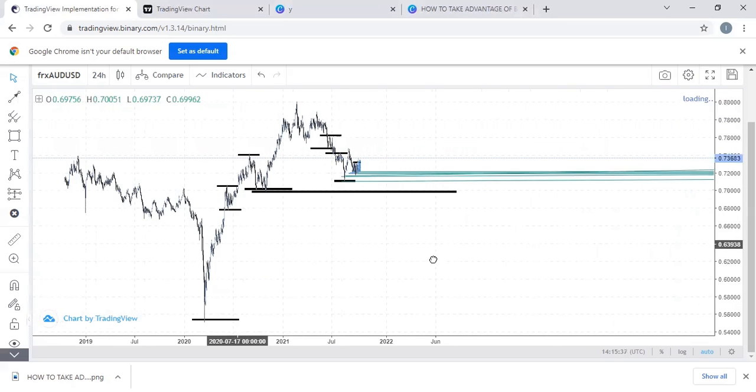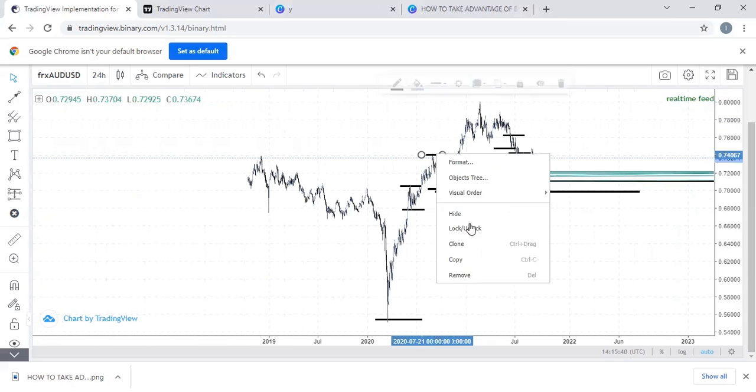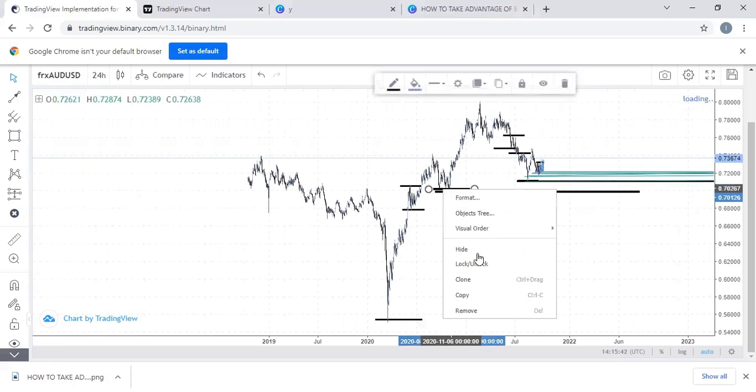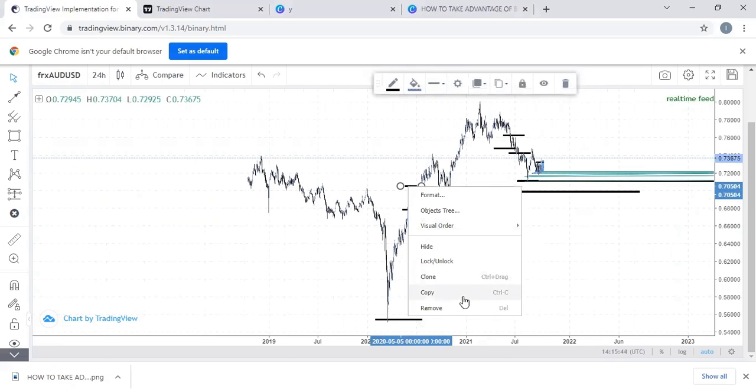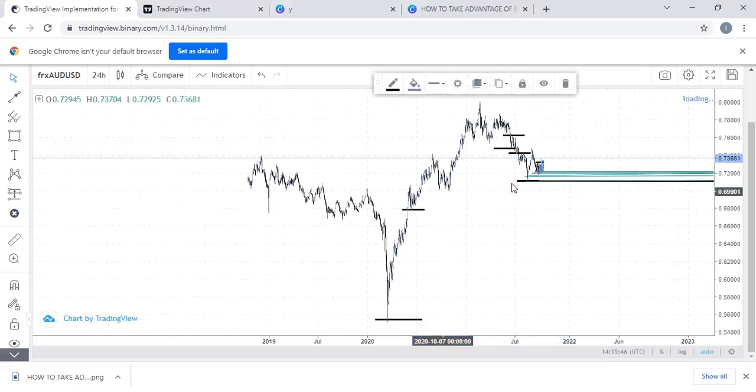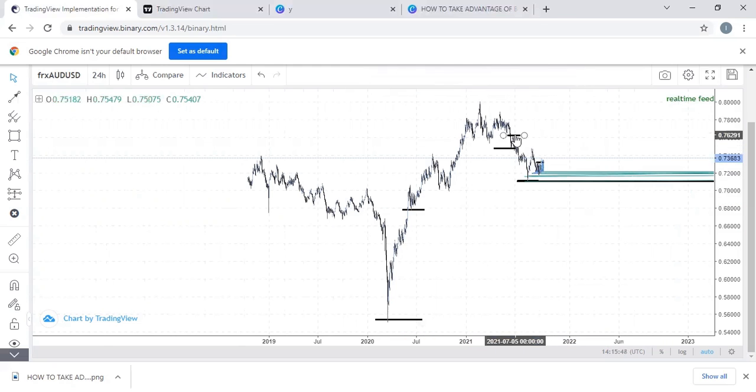If you zoom out a bit, you will see that the overall trend changed from a sell side to a buy side. Let me delete all this.